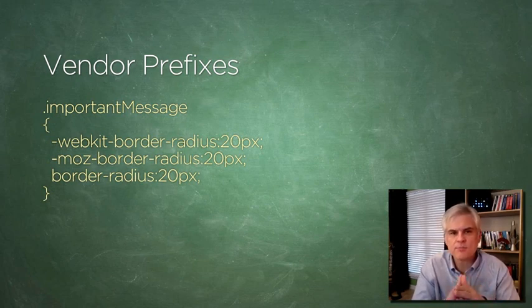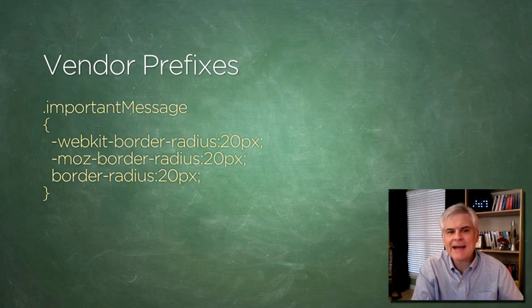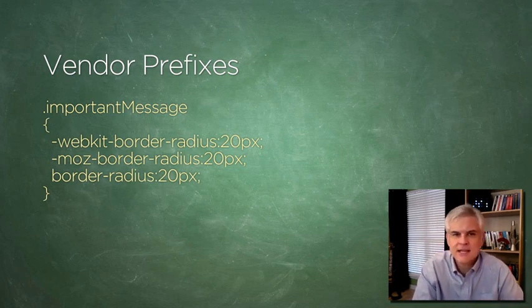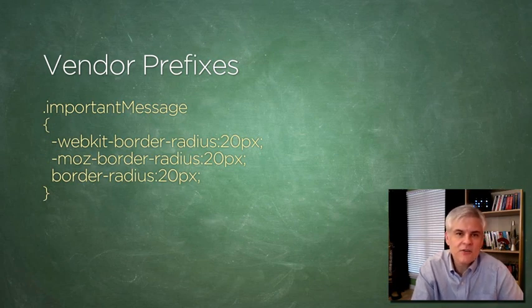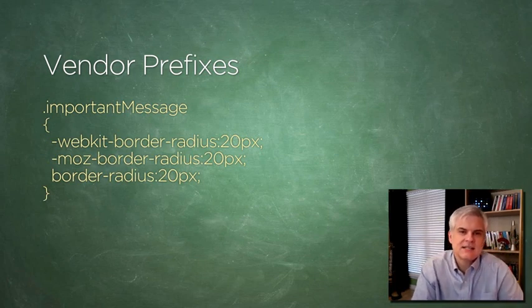Some vendors want to support a particular new and upcoming feature of CSS Level 3 right now, today, so they add their vendor prefix to that property and they support that property unofficially so that it allows web developers like you and I to get our feet wet, to try it out, and then provide feedback to the browser vendor. All other web browsers would then ignore that property, especially if it has that vendor prefix in front of it.